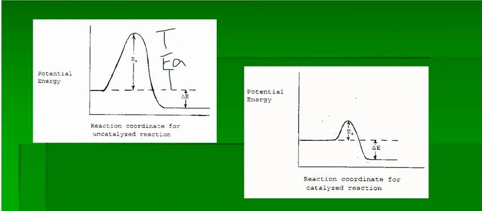It's a pretty large energy barrier, but when you add a catalyst, notice what happens to the activation energy. It gets lowered. There's a lower energy barrier, so the reaction can happen more quickly. So catalysts lower the activation energy, and therefore reactions can happen more quickly. There's less of an energy barrier.